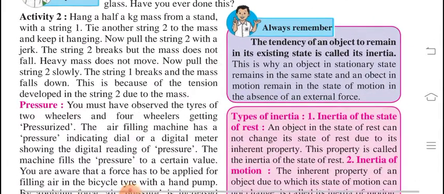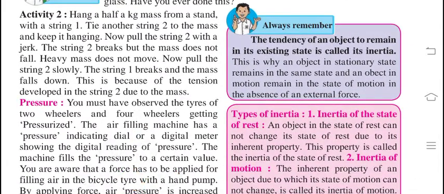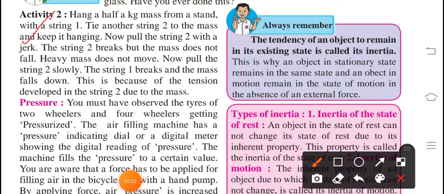Activity number 2. Hang a half kg mass from a stand. Tie another string to the mass and keep it hanging. We have to take two strings.